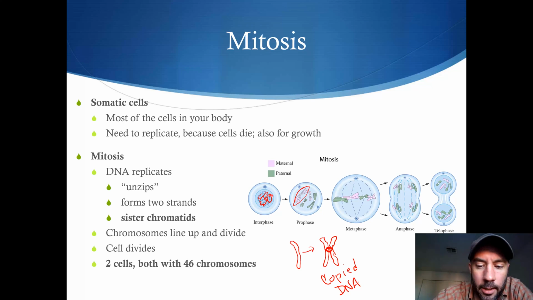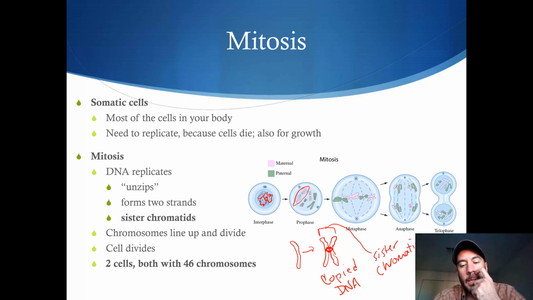So here, these things are called sister chromatids. All right, because they're really like twins. They're identical. All right.